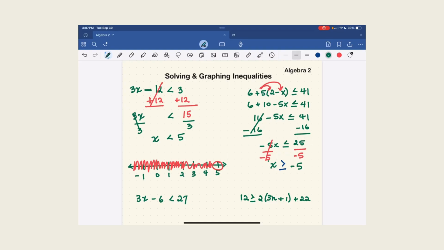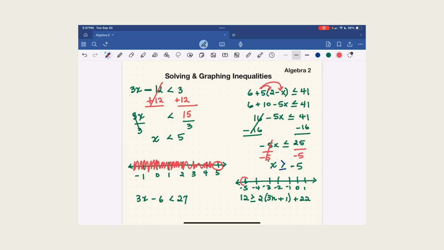So we will continue by graphing this inequality. Draw your number line and any number greater than negative 5. In this example, we have x is greater than or equal to.